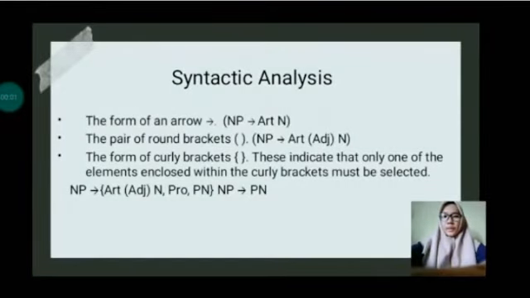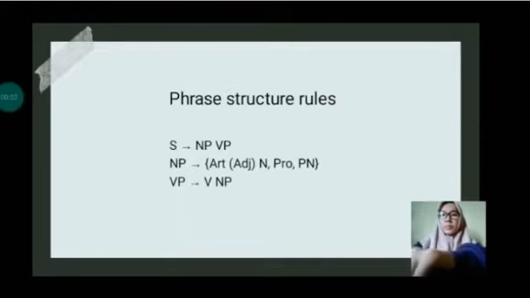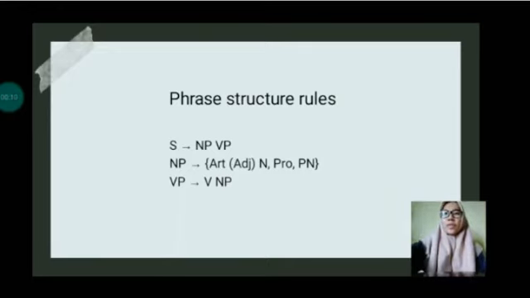So the next material is about phrase structure rules, in which the structure of a phrase of a specific type consists of one or more constituents in a particular order.